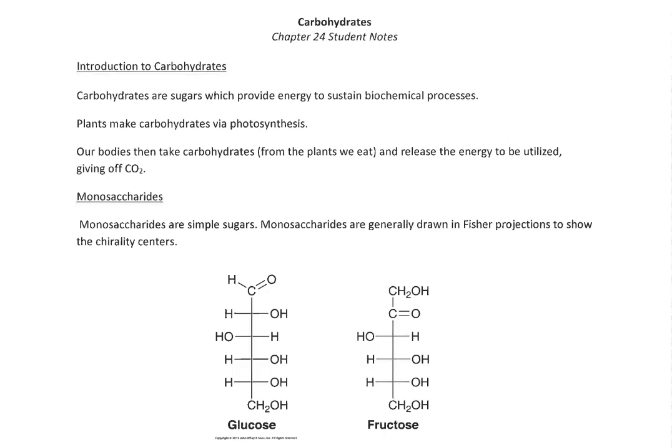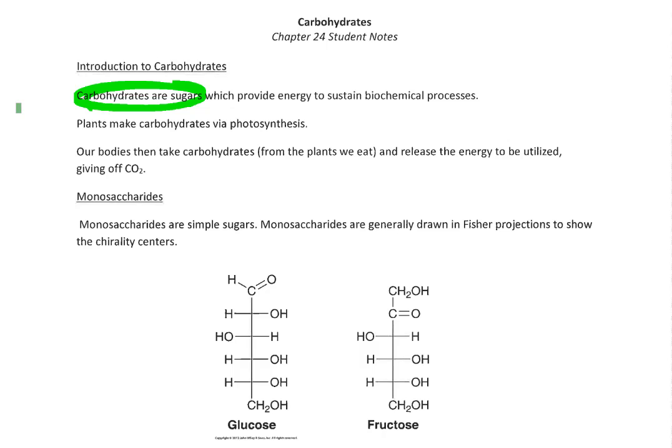In this chapter, we're going to be talking about the chemistry behind carbohydrates. So you've probably already seen carbohydrates in your biology classes, so you know that in general carbohydrates are sugars, and these sugars are what our bodies need to sustain their normal processes.